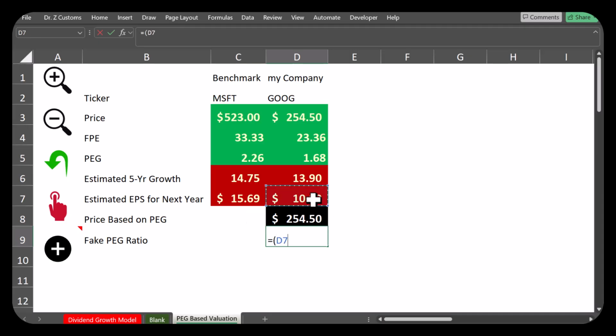FPE is the price divided by estimated earnings, and the PEG is that divided by the estimated 5-year growth. Why is that zero? Price.